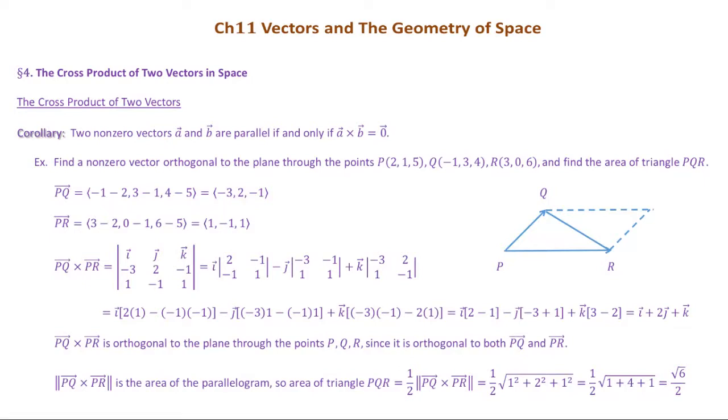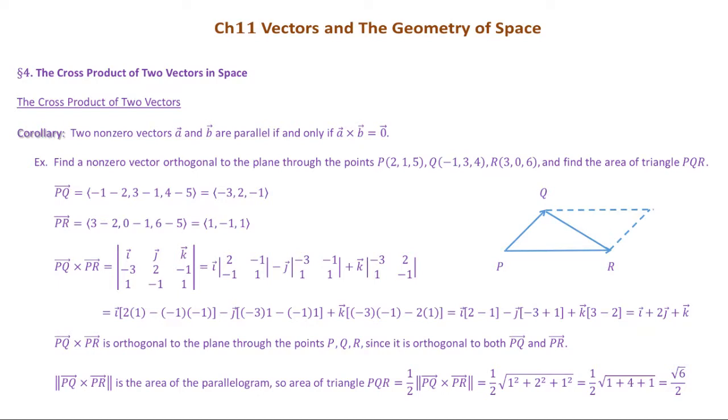You get i times the determinant of the 2 by 2 matrix 2, -1, -1, 1, minus j times the determinant of the 2 by 2 matrix -3, -1, 1, 1, plus k times the determinant of the 2 by 2 matrix -3, 2, 1, -1. Then you just do the 2 by 2 determinants.